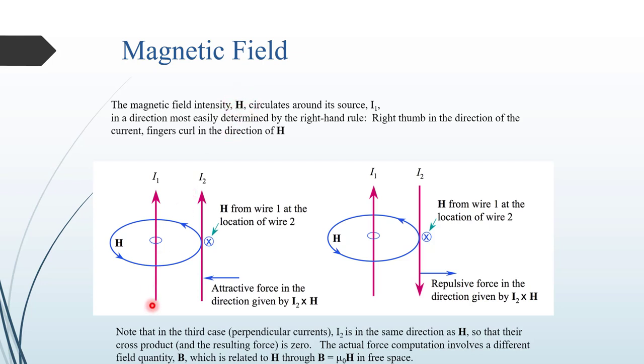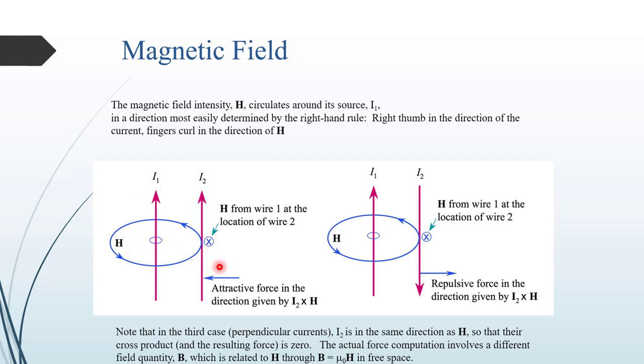Whenever a current flows through a coil or through a wire, a field is developed around that wire, and its intensity is indicated by H. We are going to see the derivation for this H, and its direction is determined by the right hand rule.